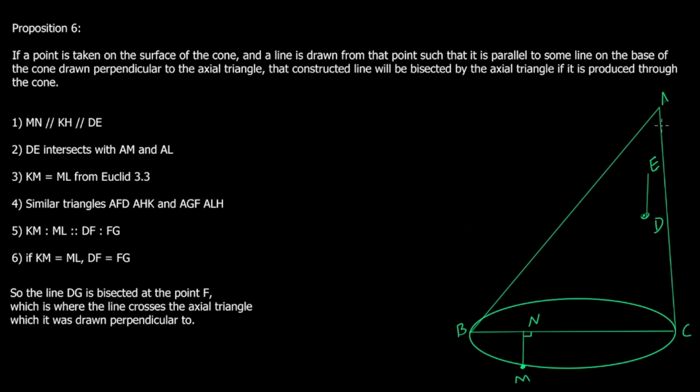Our first step is to connect A to D and produce it to the base circle at some point K. Then let's draw a line from K perpendicular to the line BC.